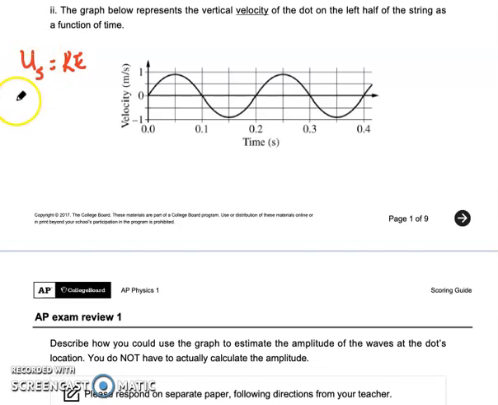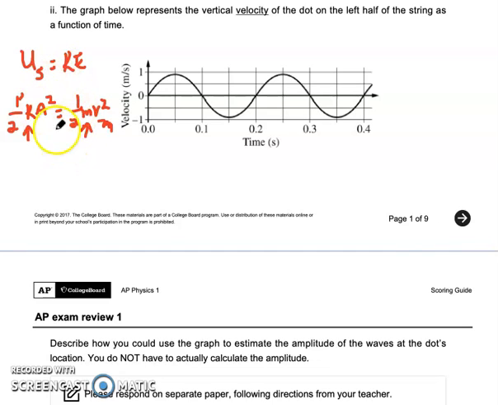And this we would recognize as perhaps 1/2 k A squared, there's our amplitude, equals 1/2 m v max squared. Okay, that's supposed to be an m for mass. And then we go get the v max and solve for A. But the problem with that is we don't know the k value for the string, nor do we know the mass of that point. So that really doesn't work out.